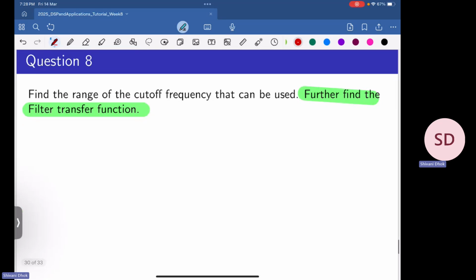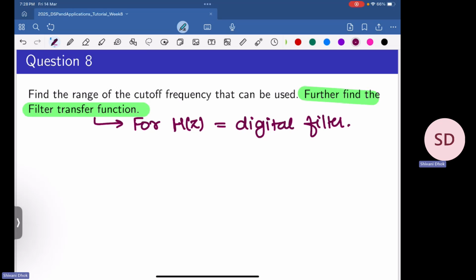The second part of this question is to find the filter transfer function. Now, this is for the low pass filter, first thing. And to be very precise, we need to find the filter transfer function H of z, that is, the digital filter.